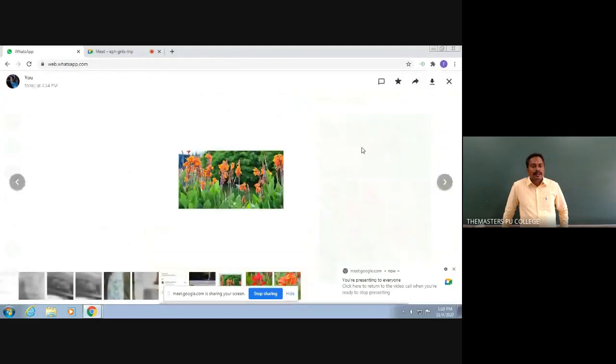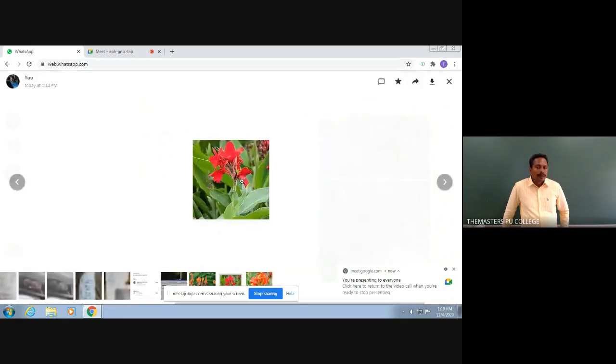Asymmetric flowers are seen in the Canna indica plant. Okay?